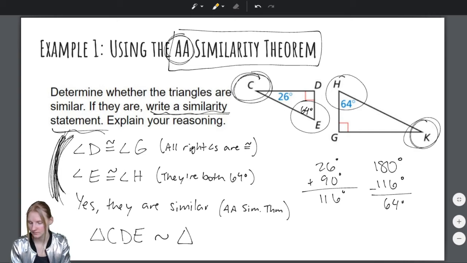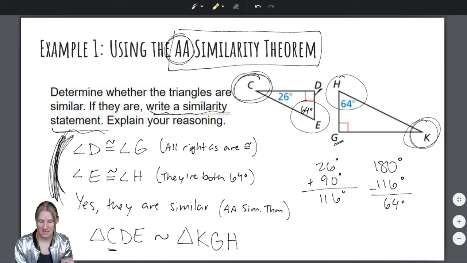K. So I need to say K. Which angle corresponds with D? G. So I need to say KGH. Remember, you have to go in order. Remember, C should correspond with K because they're both first. E should correspond with H because they're both last. That's very important. That is a key feature of similarity statements.